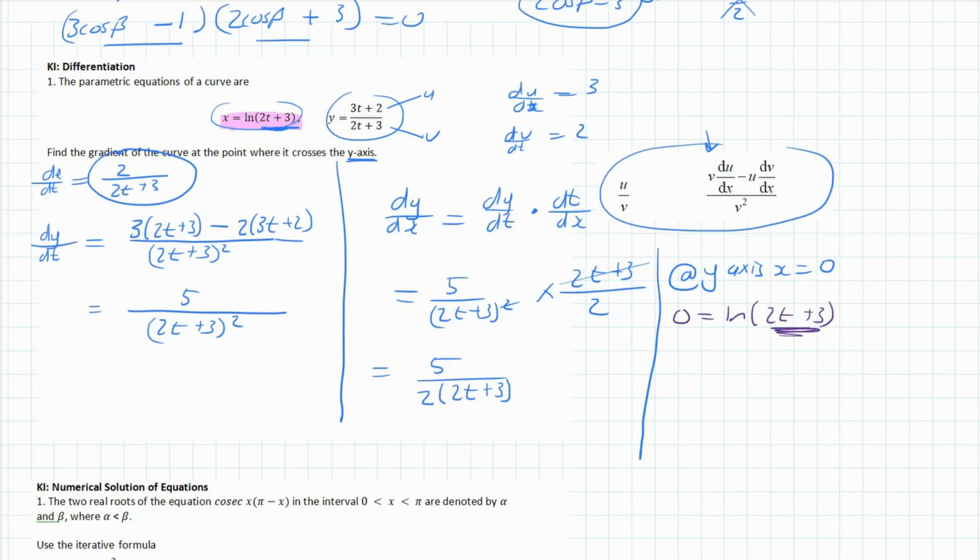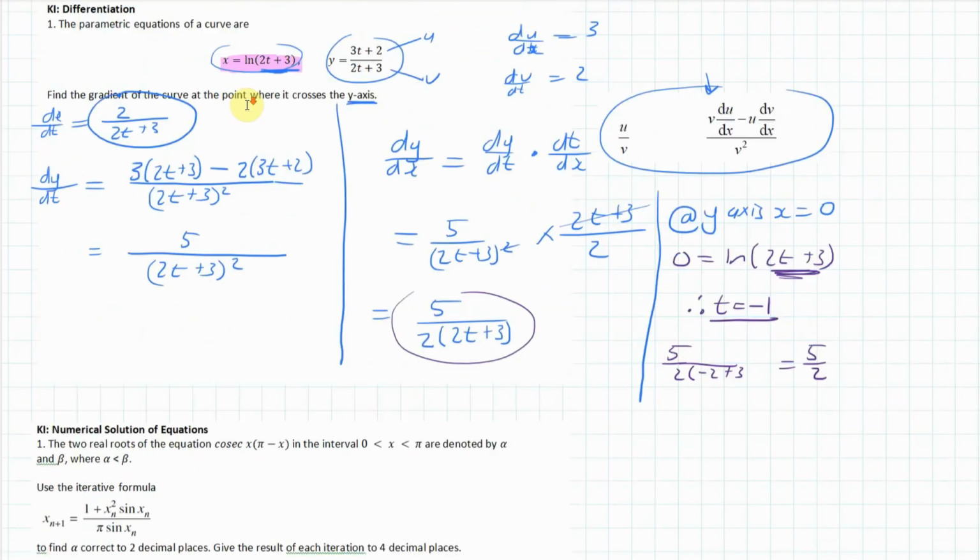Just remember your basic log rules. So therefore t must be negative 1, because 2 times negative 1 plus 3 is ln 1 there. And then we insert this into here. 5 over 2 into negative 2 plus 3 equals 5 over 2 is our final gradient at the point where it crosses the y-axis. Now let's move on.